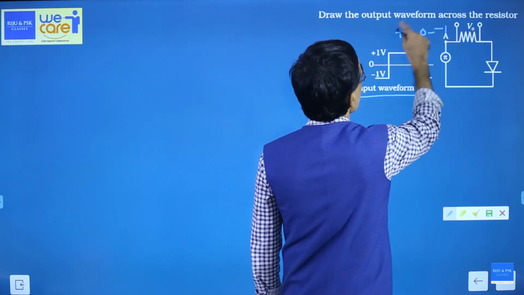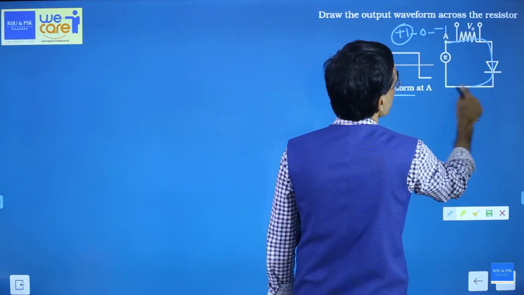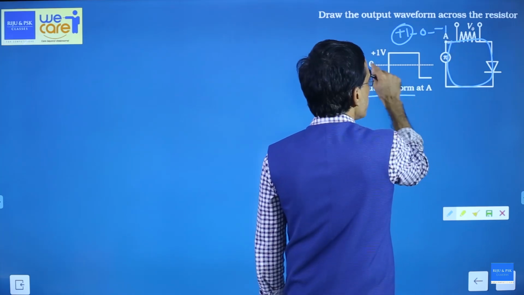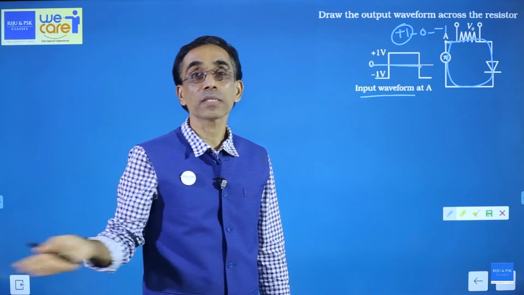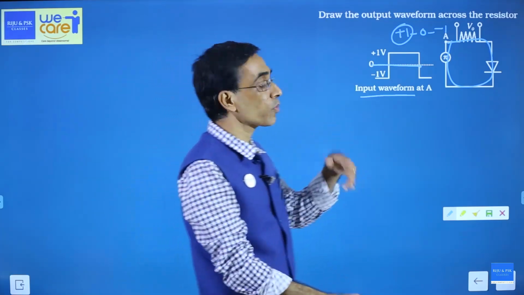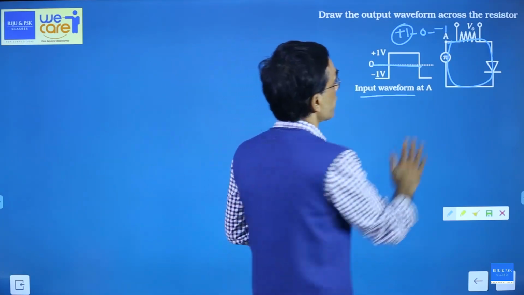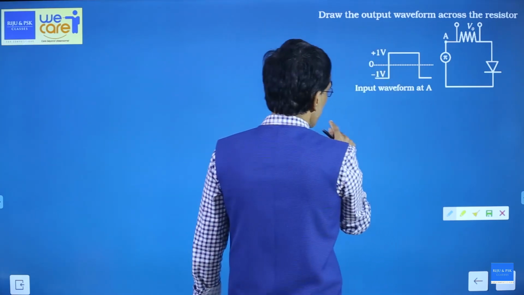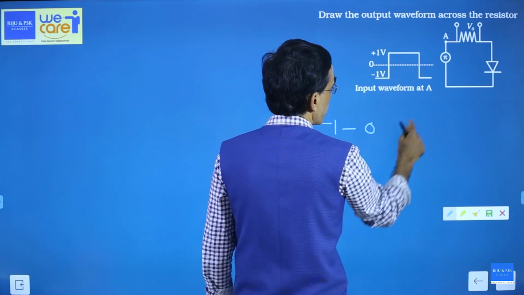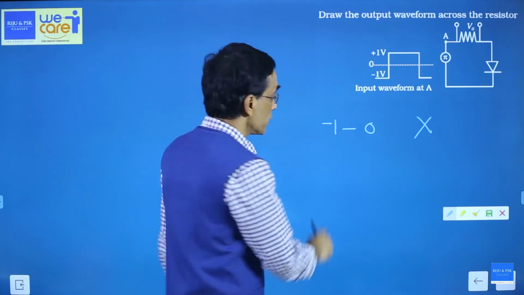So if A is positive, the diode will be forward biased. If A is 0, the diode is unbiased, and if A is negative, the diode is reverse biased. So the diode will conduct only in forward bias. For -1 to 0, the diode will not conduct.